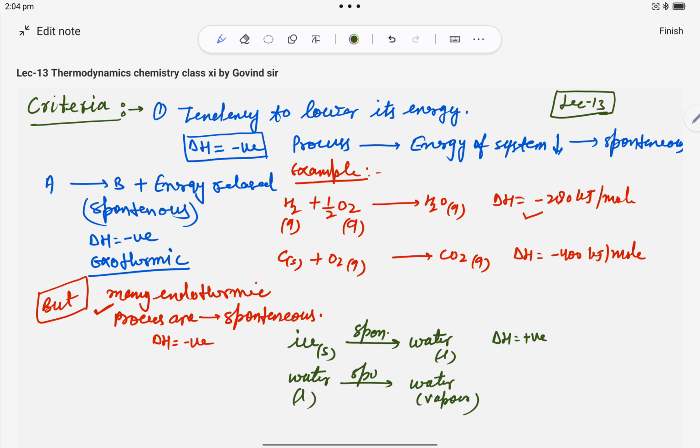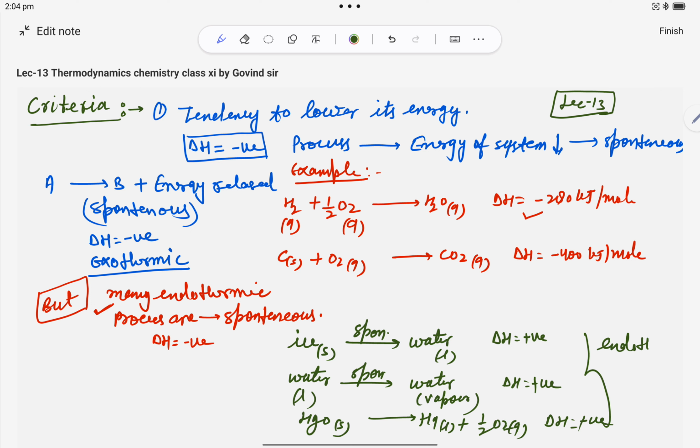Yes or no? Evaporation of lakes. HgO solid converted into mercury liquid and half O2. Here also delta H is positive. So these are all endothermic reactions, even though these processes are spontaneous.